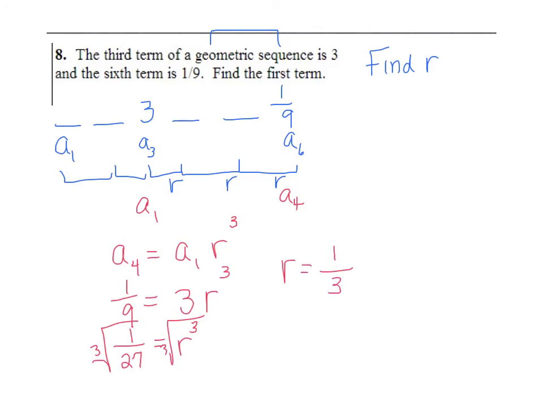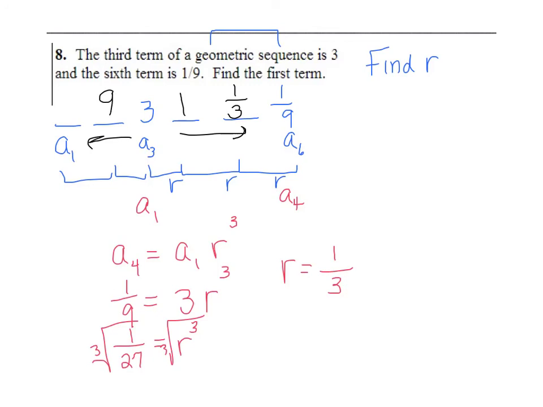All right, so now I'm going to look here, and I'm going to see if this actually works. If I do 3 times a third, that gets me 1. 1 times a third is 1/3. 1/3 times 1/3 is 1/9, and so that works. So what would it be if I'm multiplying times a third to go this way, then I will be dividing by a third, right?